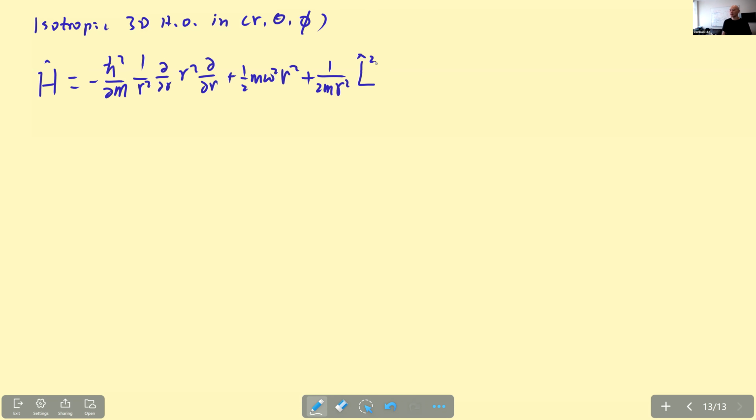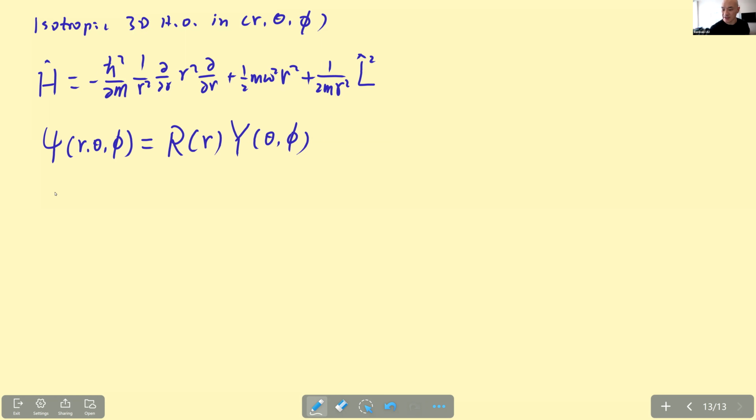Okay. And L squared depends only on, it's only acting on theta and phi. Okay. So that means we can write down this wave function, the eigenstates, as a radial part and a theta phi function.